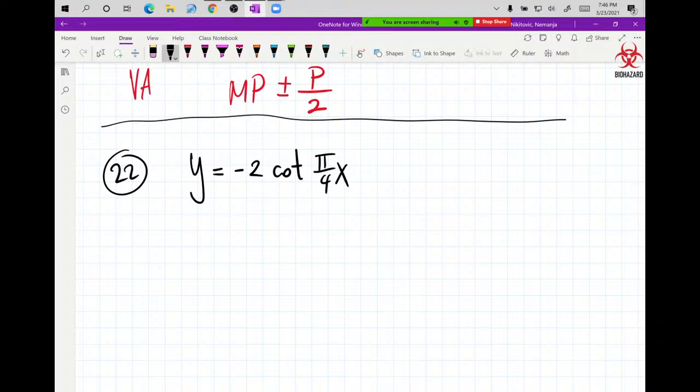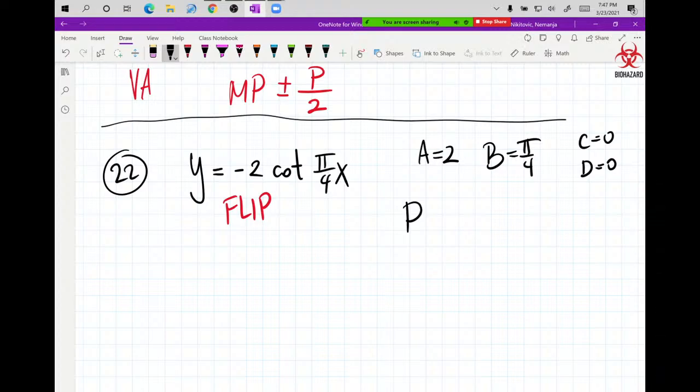Okay. Big fat flip, so we don't forget it. Amplitude is 2. B is pi over 4. C is 0, D is 0. Great. Immediately do the period: pi divided by pi over 4 is 4. So period is now 4. Okay, we can deal with that.